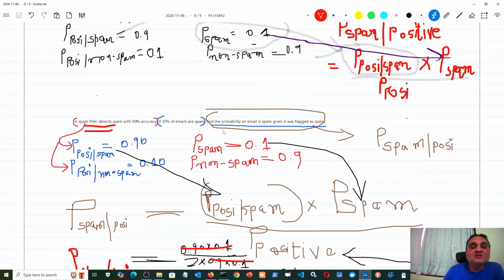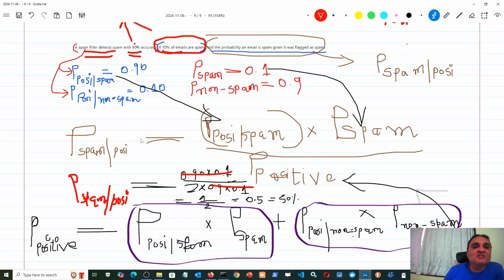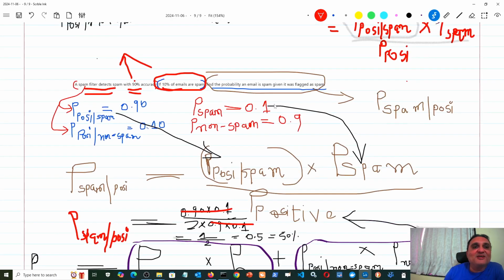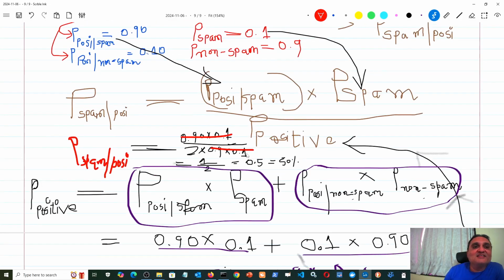Why is it so difficult? Because this is itself a very small number. Only 10% of the emails are spam, and that is not in your control, because how many emails all over the world are spam is more or less not in your control. But this accuracy is in your control, so you should try to increase it as much as possible. In this case, even that would not make any difference, because by chance this 0.90 and 0.10 here, and 0.1 and 0.9 there, get cancelled.